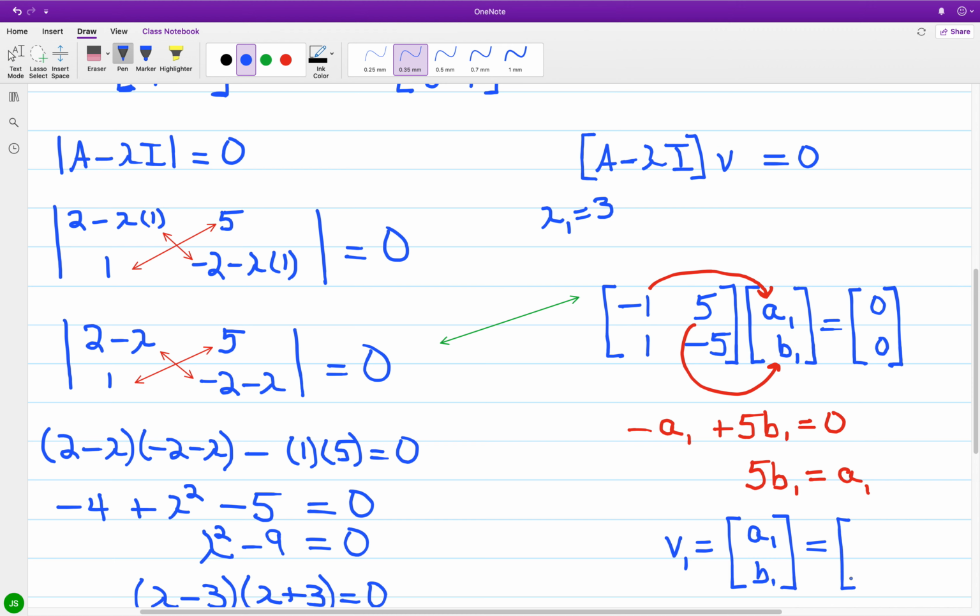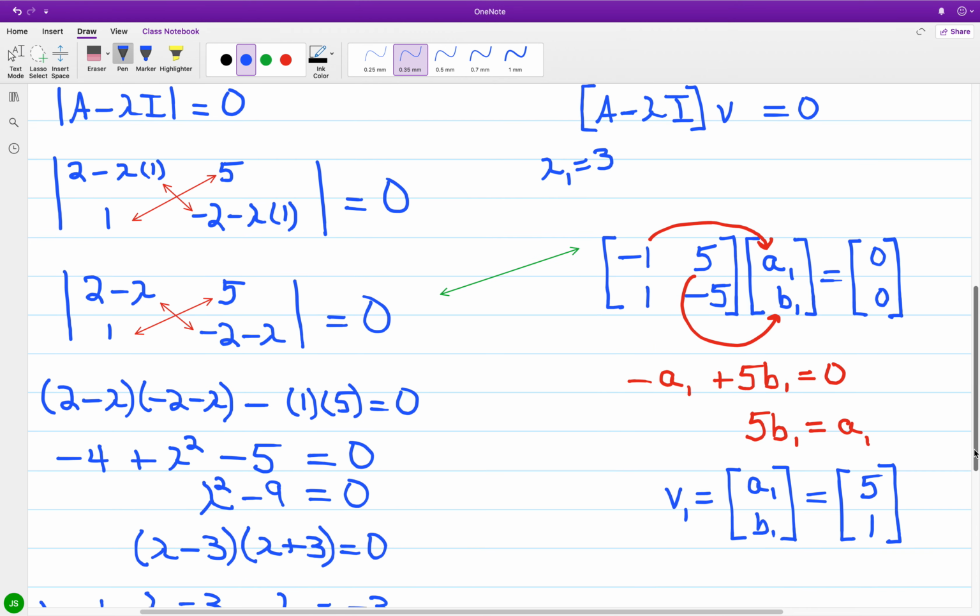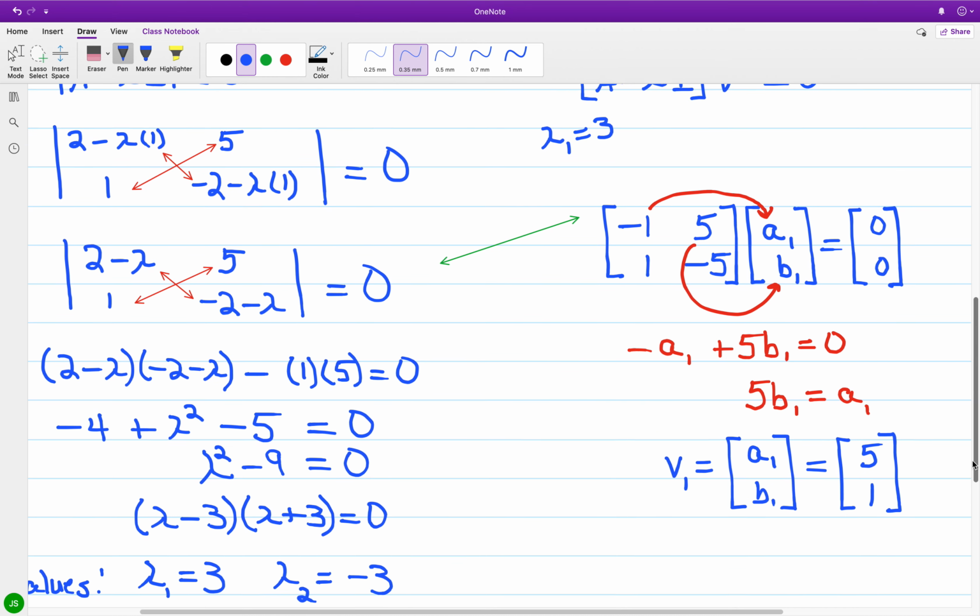If I have 5 times b of 1 is equal to a of 1, we'll say that b of 1 is equal to 1, and 5 times 1 is going to be a of 1, which comes out to 5. It could be something like 10 and 2, but just to keep everything in proportion, like a 5-to-1 ratio, we'll say the first eigenvector is 5 and 1.